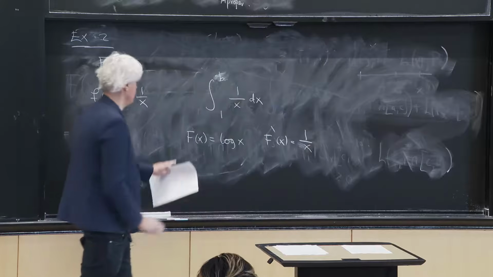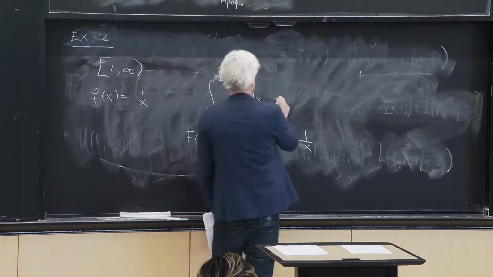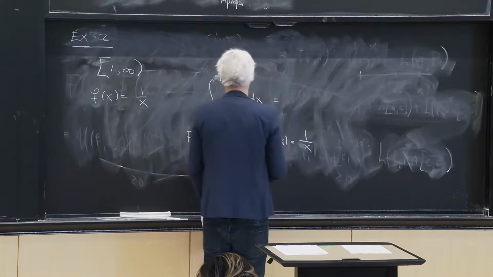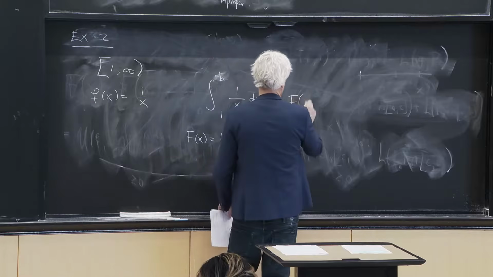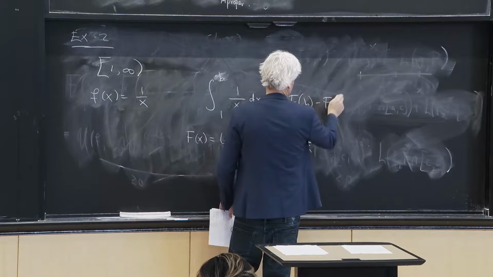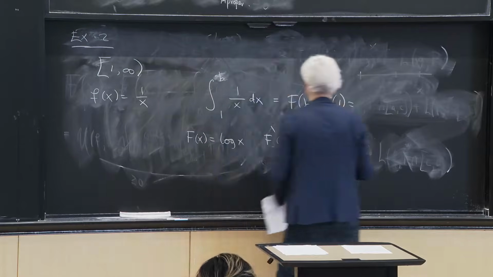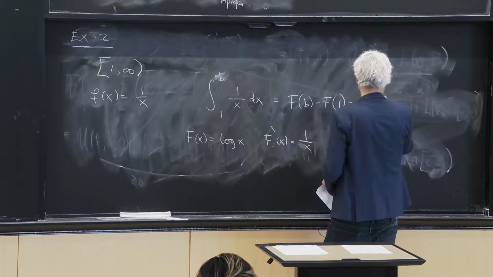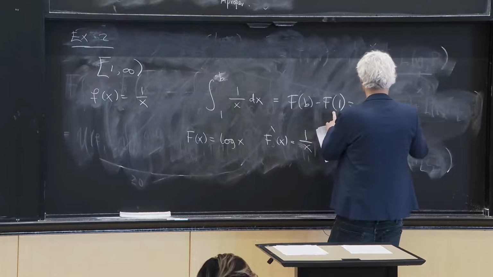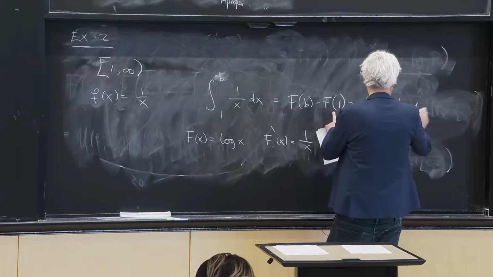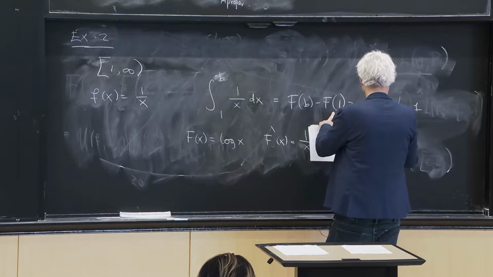So by this second version of the fundamental theorem of calculus, this integral is f of b minus f of 1, and that is log of b minus log of 1. Log of 1 is 0, so this is just log of b.